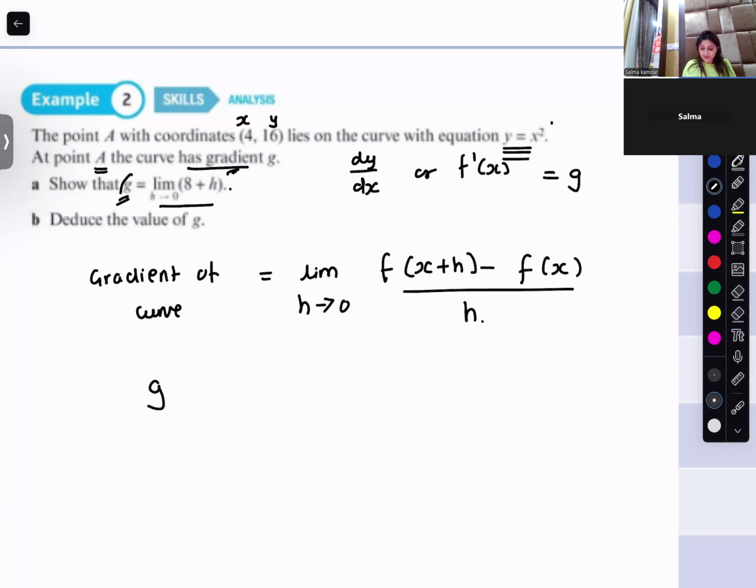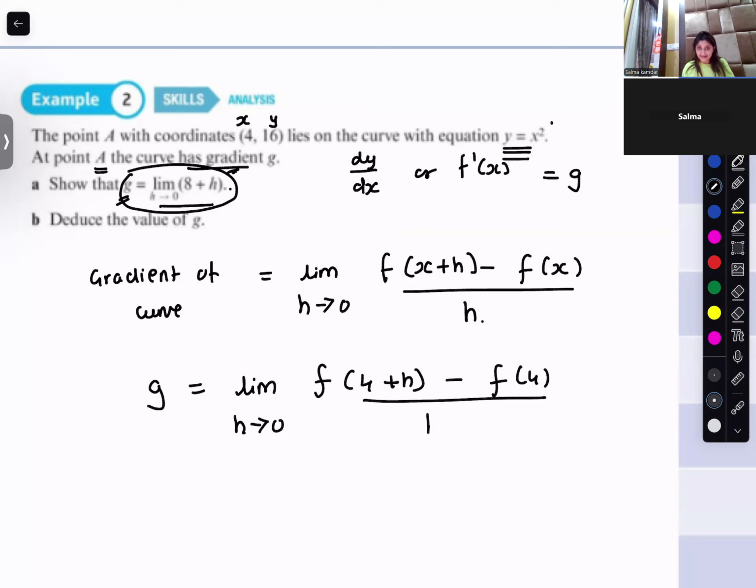And I want to show that g is equal to this. So g is equal to the limit as h tends to 0. Now I'll write f. Instead of x, I will write 4 plus h minus f of 4, the whole divided by h.